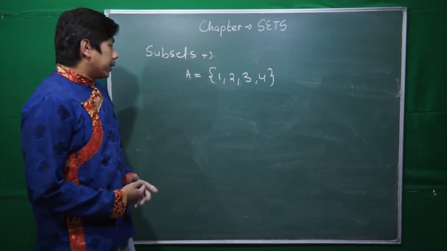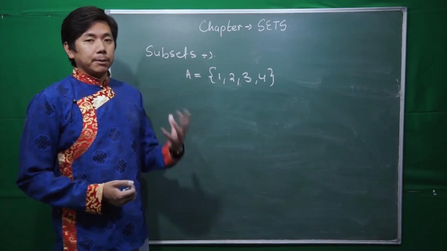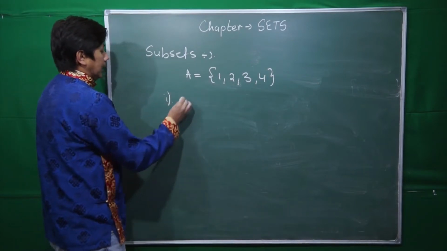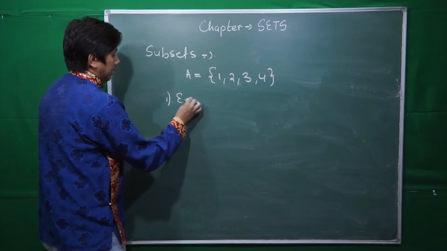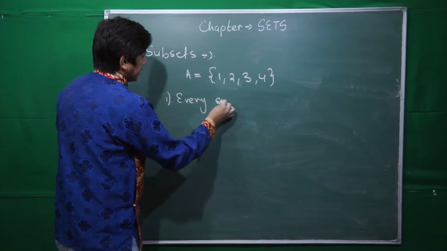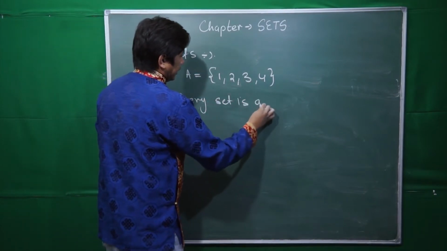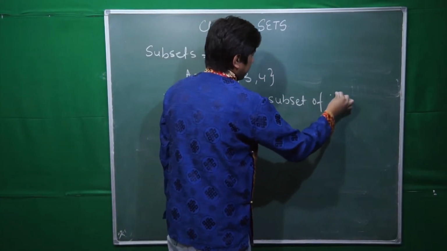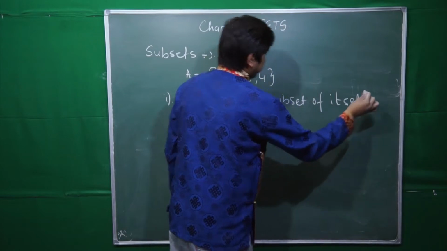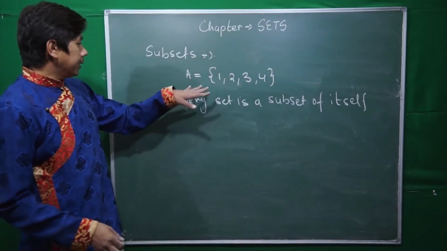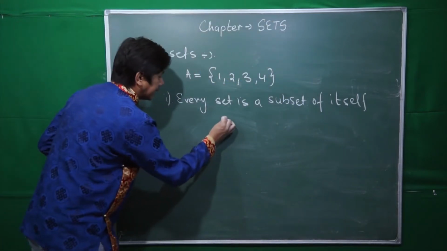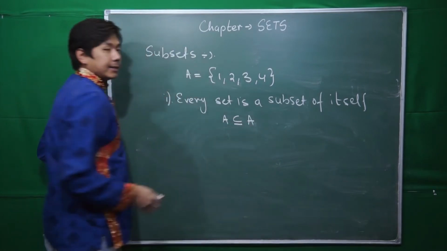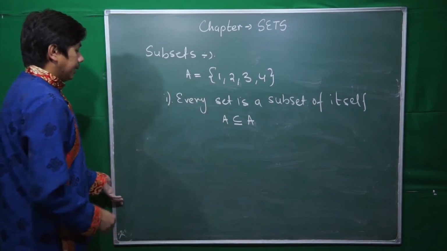So, to begin with, we need to know certain properties of subsets. The first property: every set is a subset of itself. So, for this set A, that implies A is a subset of A itself. Simple.